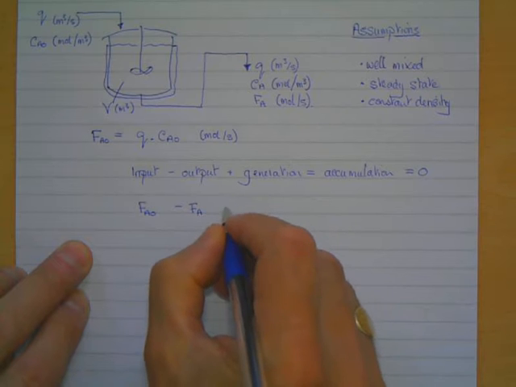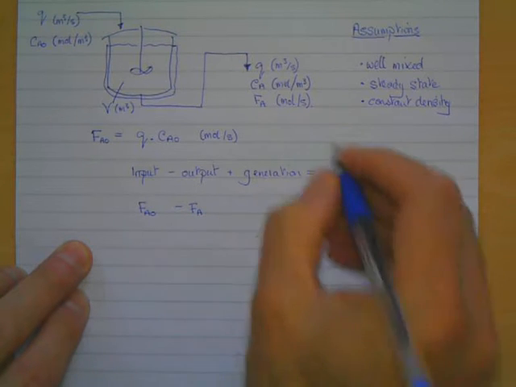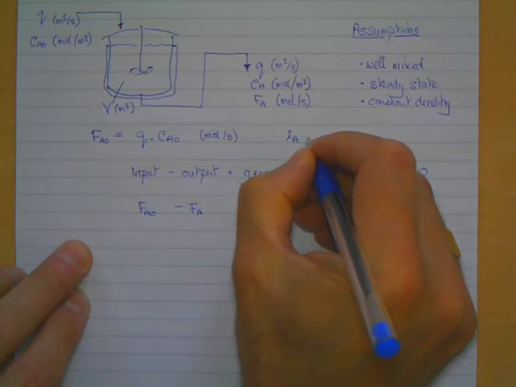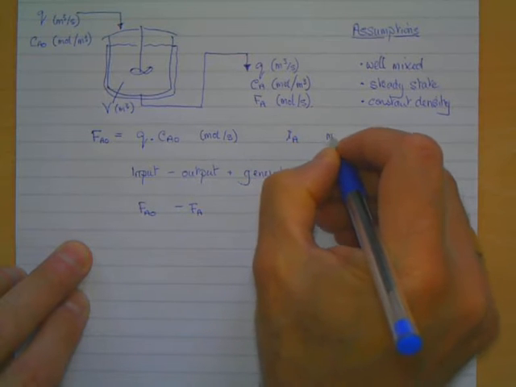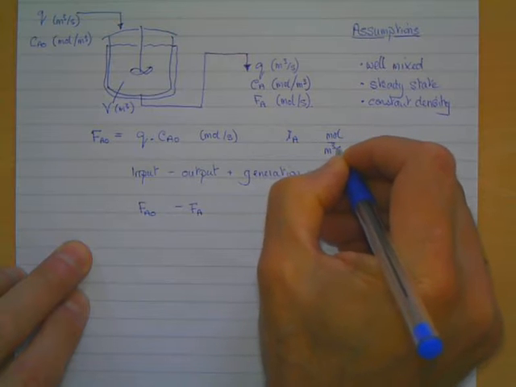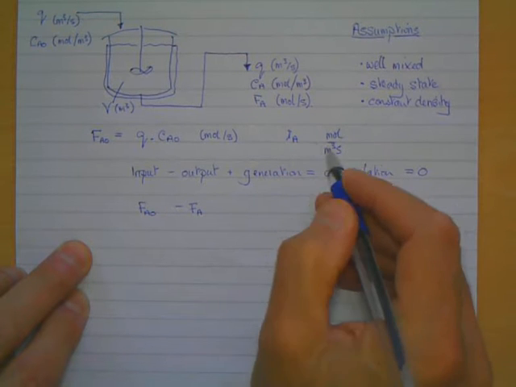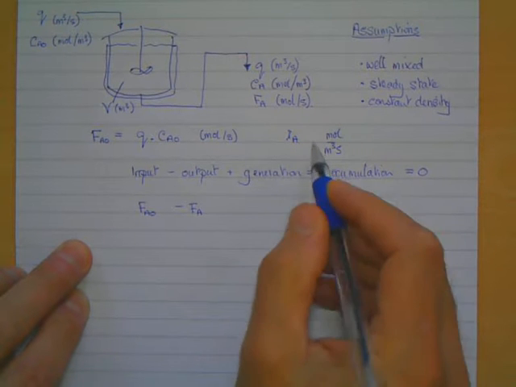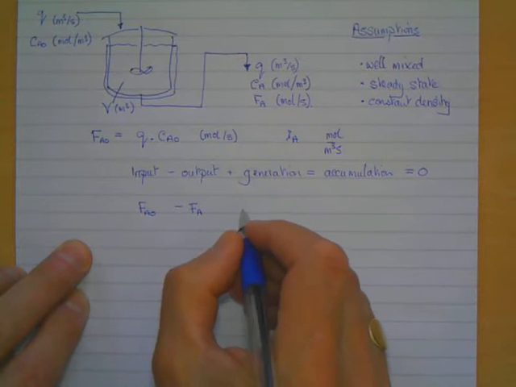So we can define a reaction term RA in moles per cubic meter per second, and that's the rate at which A is reacting. And because A is being consumed, then actually RA would have a negative value.